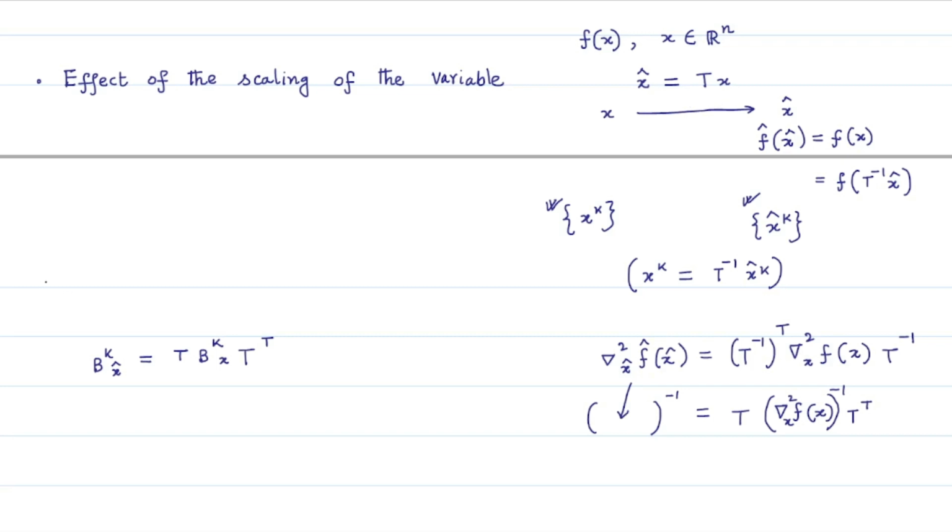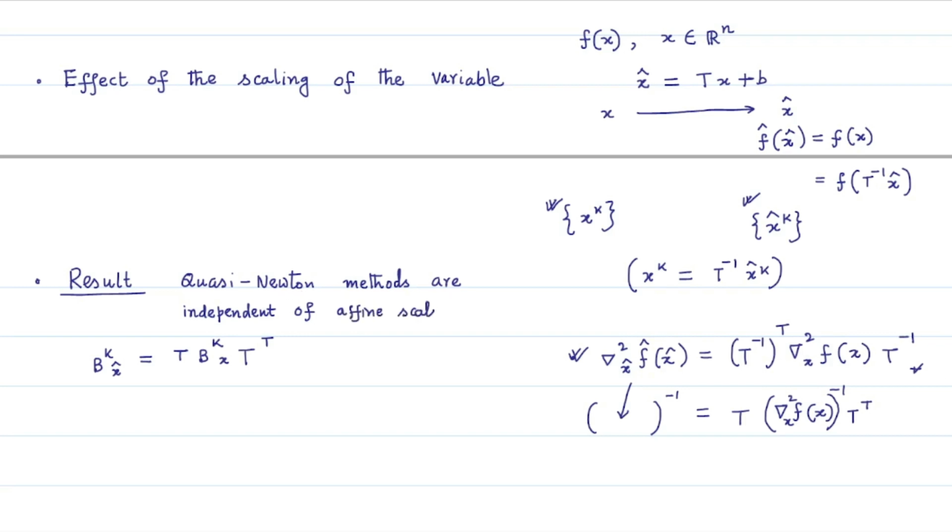So as a result, quasi-Newton methods are independent of this transformation, which is a particular case of an affine transformation. In fact, we can add here a constant vector, say b in R^n, and then we get an affine transformation. With the help of this affine transformation, we can even prove that this equation for the Hessian is valid, and therefore quasi-Newton methods are independent of affine scaling of the variables.